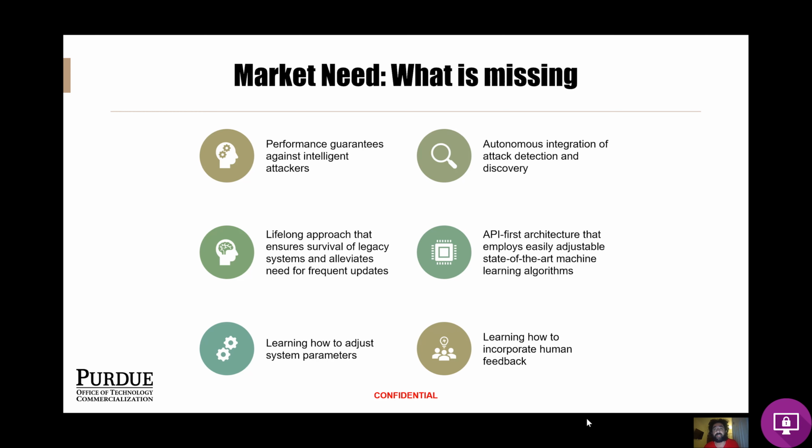Another way to phrase it is that there is no autonomous way of integrating attack detection and discovery. Current solutions rely on detecting attacks on a one-by-one basis in a hard-coded way. So you find out a new attack, and then you hard-code a way to handle this new attack.